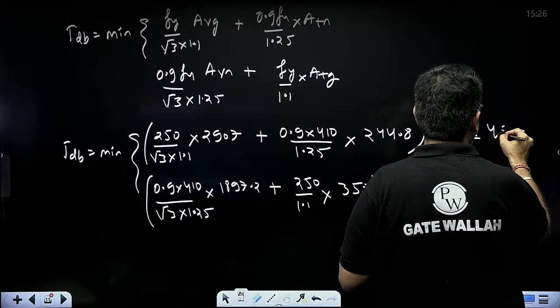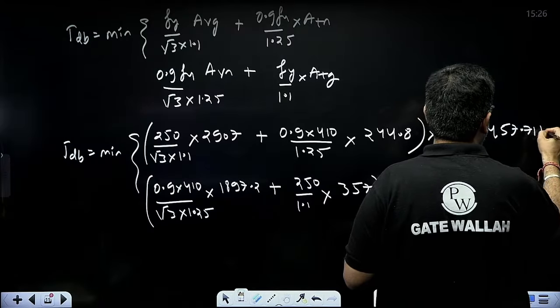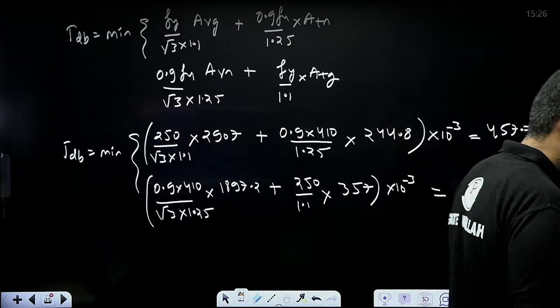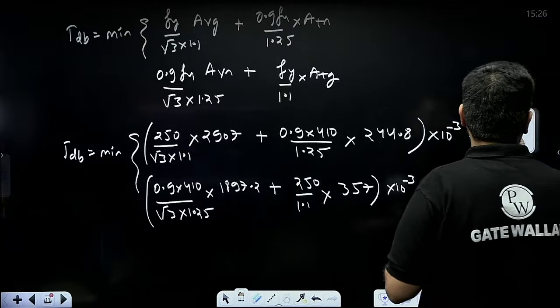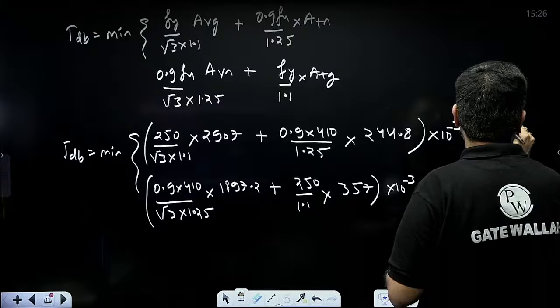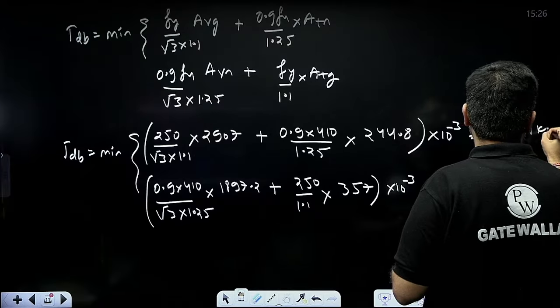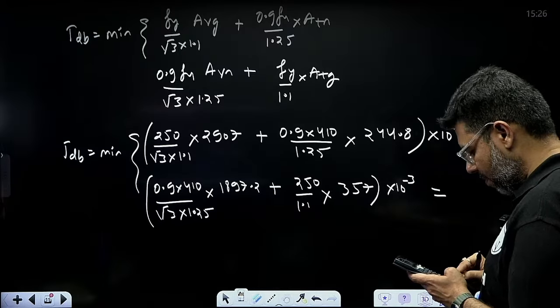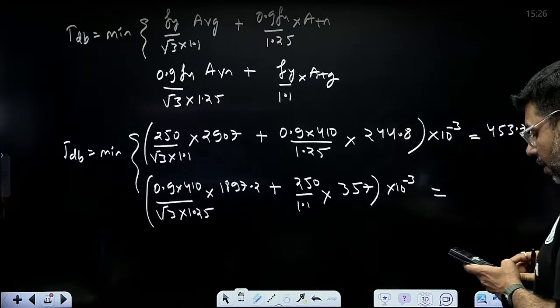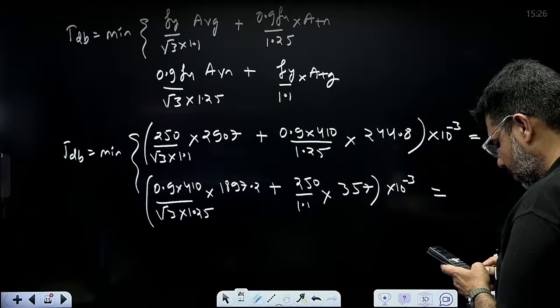453.71. Then you will multiply it by 2 because there are two gusset plates there.